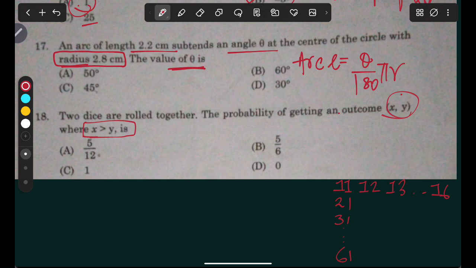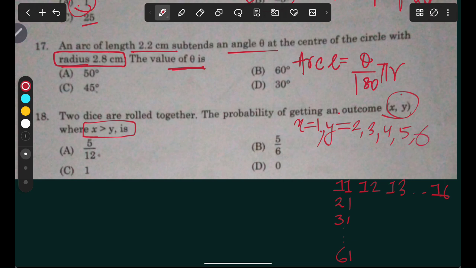So two dice are rolled together. The probability of getting an outcome x comma y where x is greater than y. So if I put x is equal to 1, y can have values 2, 3, 4, 5, 6.